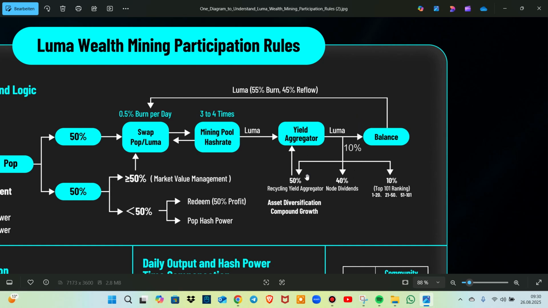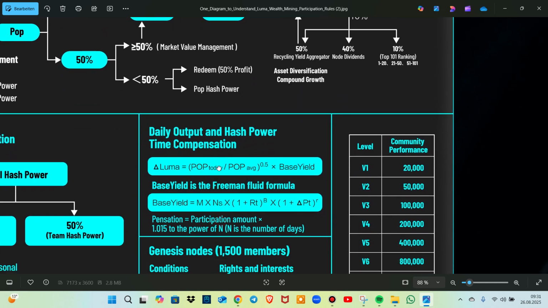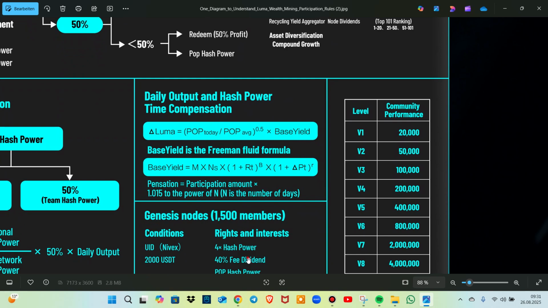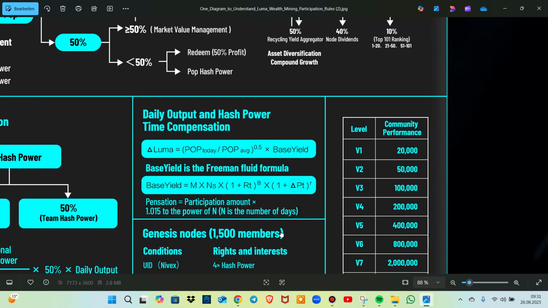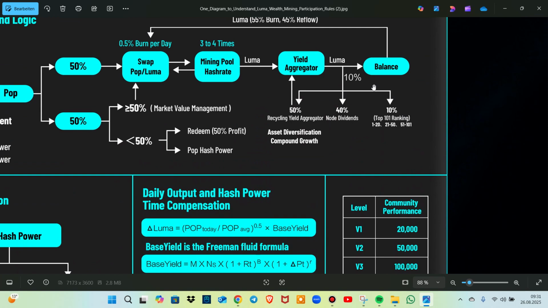And then some of the Luma will be distributed to the passive earners, and some of it will be distributed to the node owners. So there will be Genesis nodes, 1,500 of them, that will receive huge benefits from the global pool. 40% will go into this global pool, and 10% will go into the top 101 ranking.